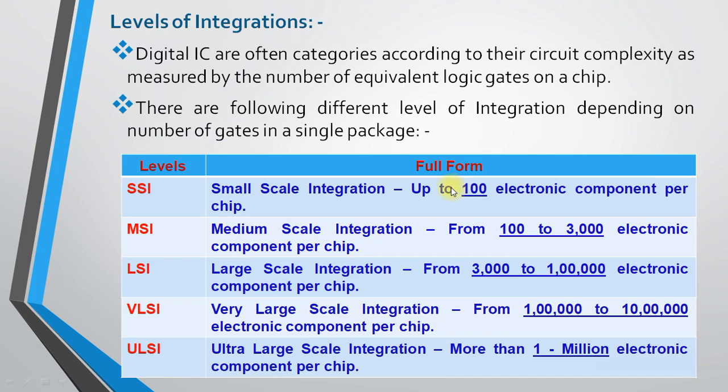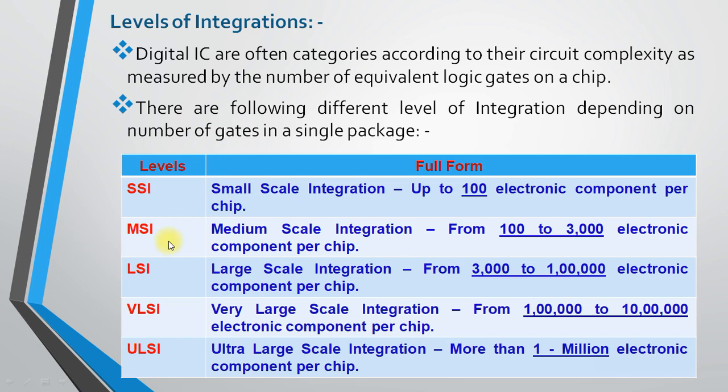Only one chip is there in which you are able to attach 100 electronic components. So when there is a requirement of less than 100, at that time you can select SSI, that is the small scale integration of chip.